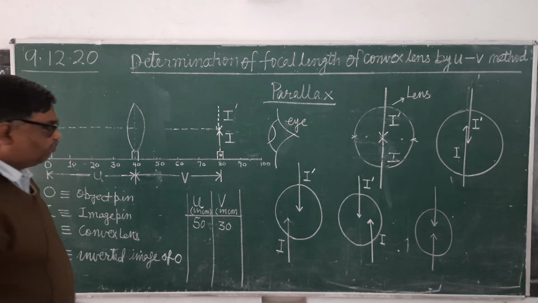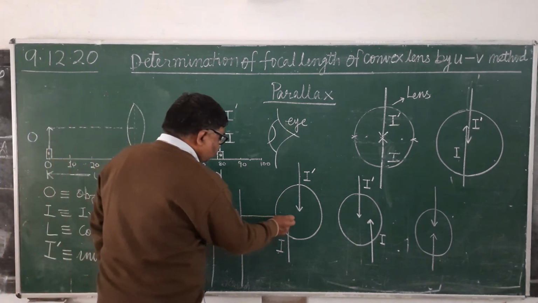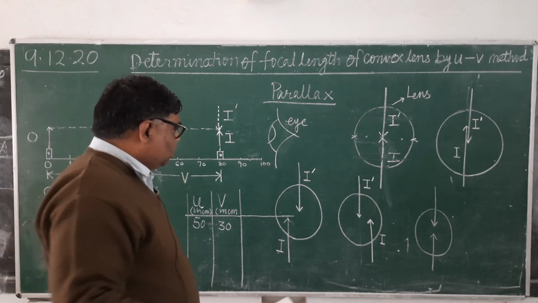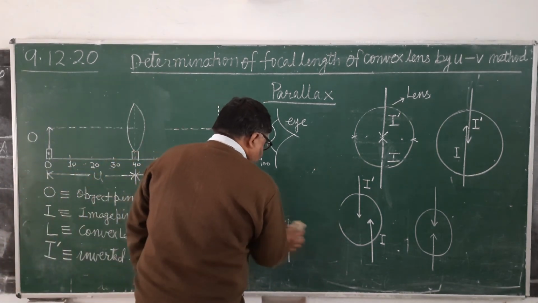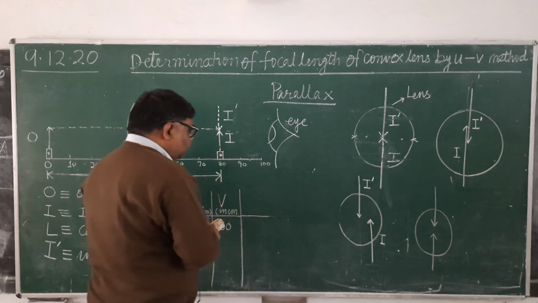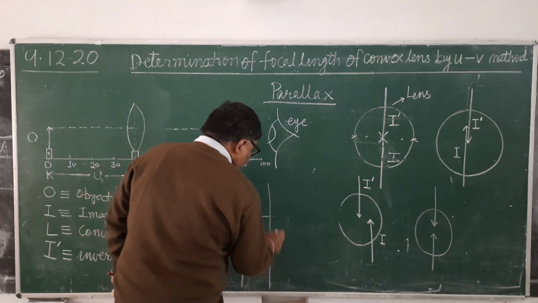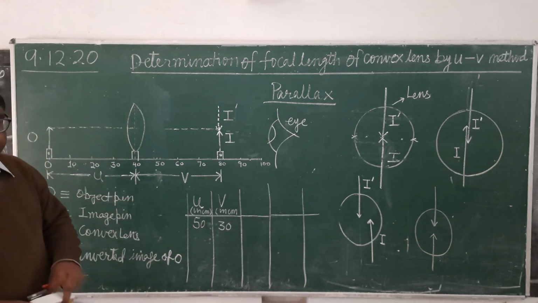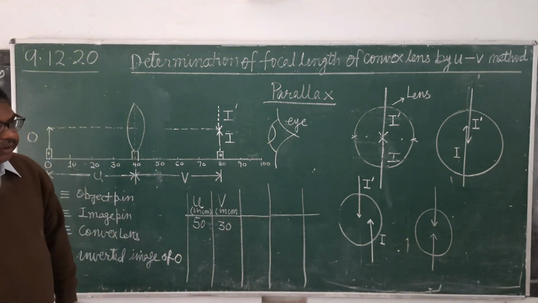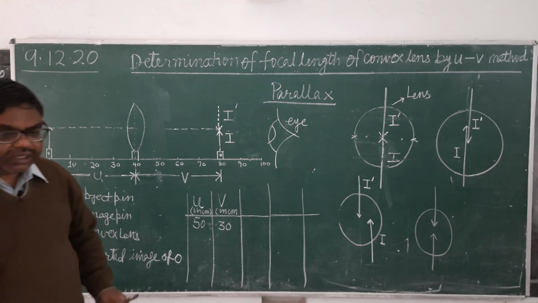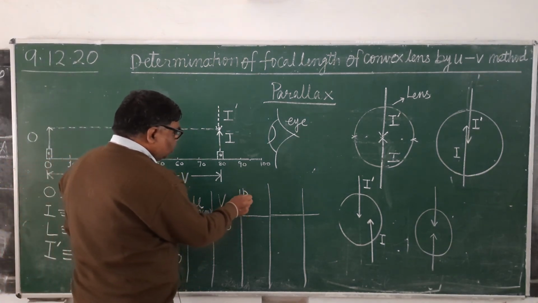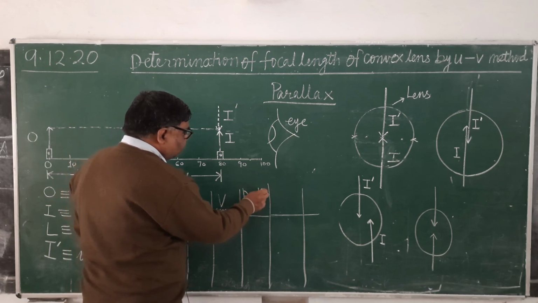After that, some more steps will be given here. For example, here I am explaining, this is the experimental part. The rest is the mathematical part of the experiment. In the mathematical part, you determine P equals 100 upon u.